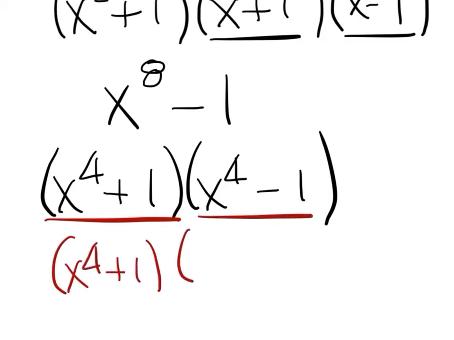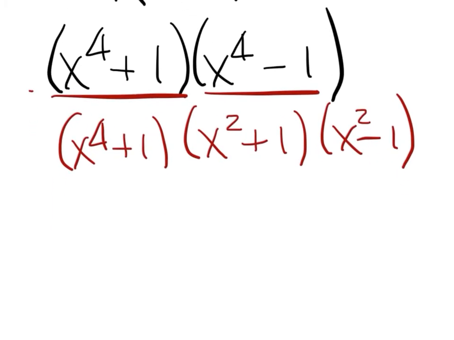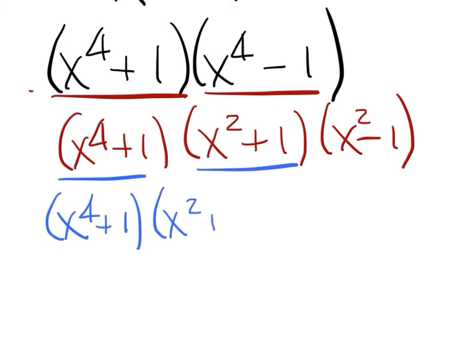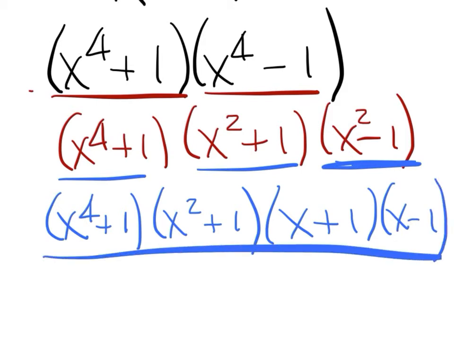But this is a difference of two squares: x squared plus 1, x squared minus 1, like we did before. You can't do anything with this or this, so it just stays where it's at. But you must notice that you also have a difference of two squares at the end again, which would be x plus 1, x minus 1. That would be the complete factorization.